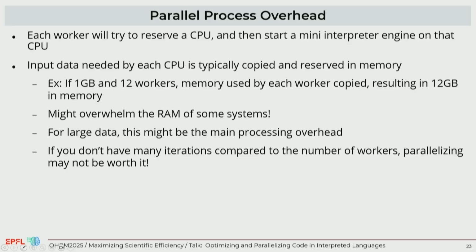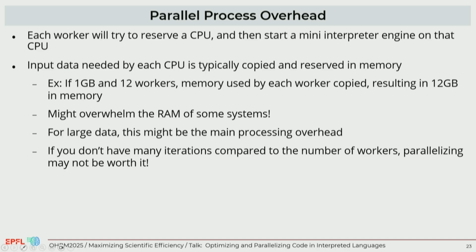Both Python and MATLAB have objects that they advertise as being able to share data between parallel processes, and they work as far as the data is available to all of them, but for my test, they still copy the data. So if you have 1 gigabyte of data splitting it among 12 processes, you're going to end up with 12 gigabytes of data in your RAM, which, depending on if you're on a laptop, that might be a problem. If you're on a server and you're working with more than a gigabyte, then that might be a really big problem.